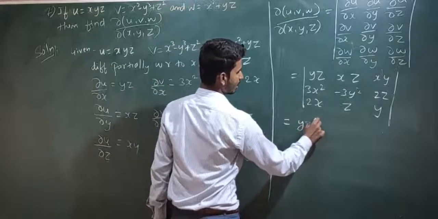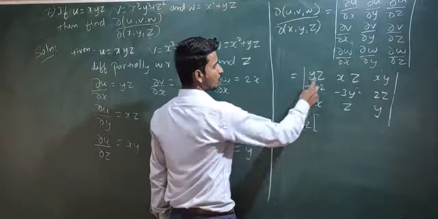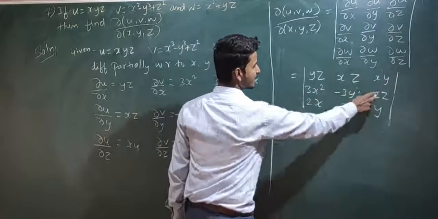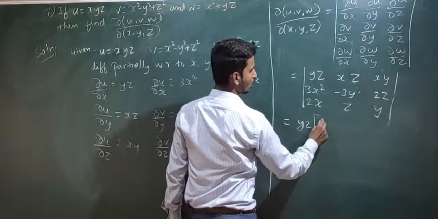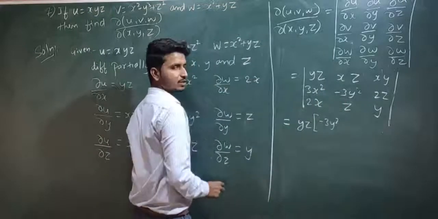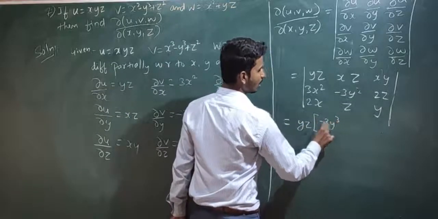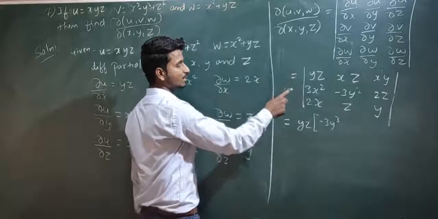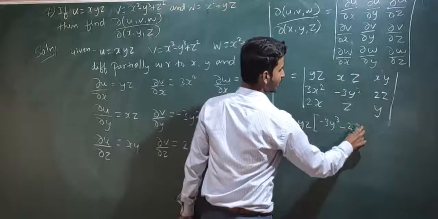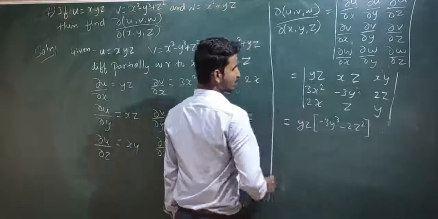yz into the first term: we eliminate this row and this column and multiply the rest. First, y into minus 3y² is minus 3y³, minus 2z², so minus 2z².